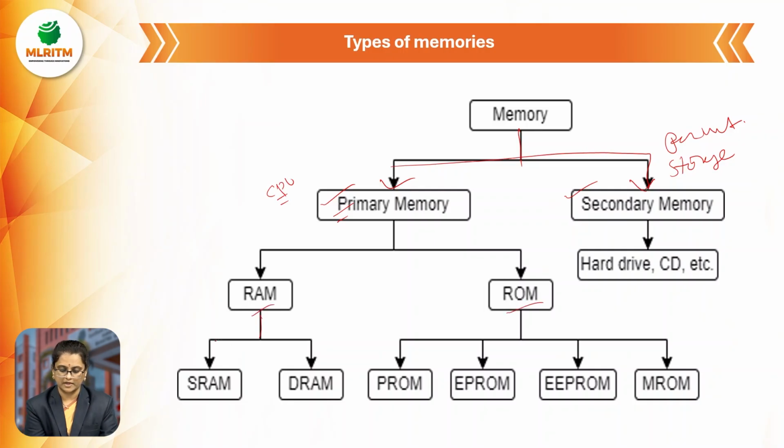Again, RAM can be divided into two types: static random access memory and DRAM, dynamic random access memory. And coming to the ROM.